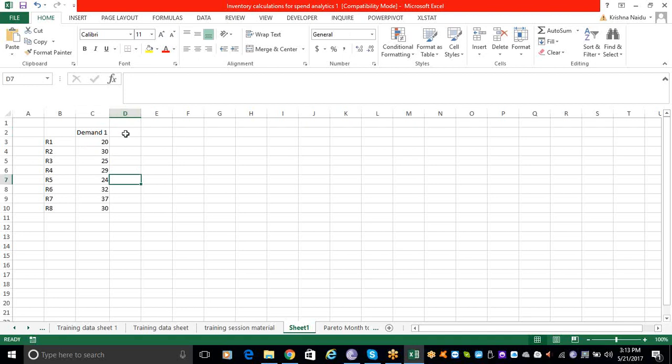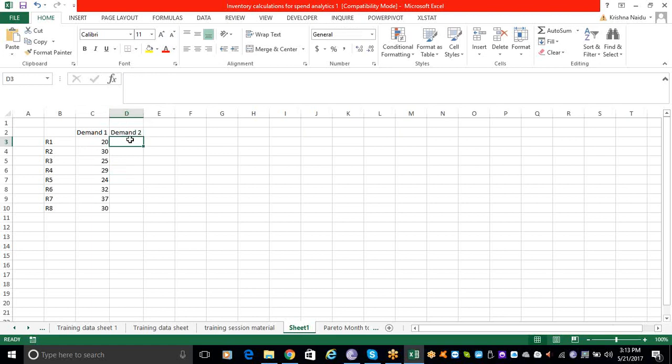Now I will take you to scenario number two. Here the first demand is 20, second demand is 65, third demand is 39, fourth demand is 45, fifth demand is 39, sixth demand is 52, then 10, seventh demand is 140.